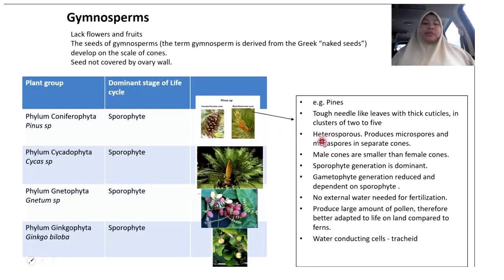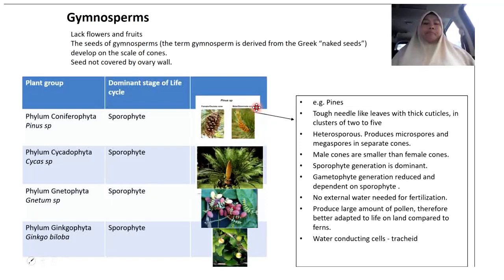It produces 2 different types of spores, heterospores, which produce microspores and megaspores in different cones. This is the female cone with the megaspore, and this is the male cone containing microspore.